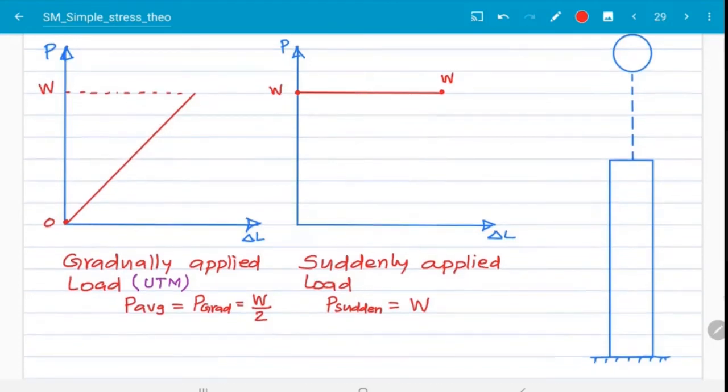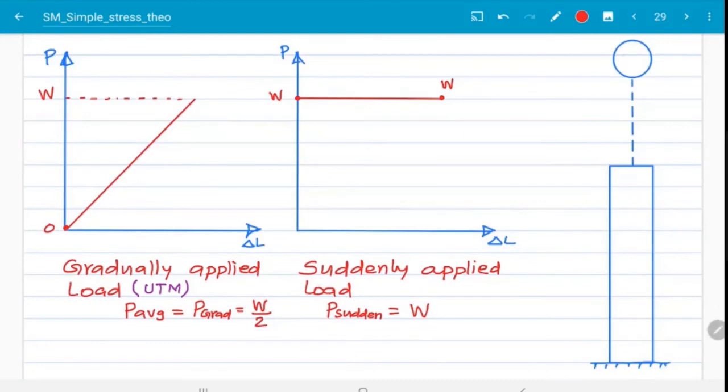Then third case, impact case. Same 100 Newton, right? W is equal to 100 Newton only, but it is dropped from a height of H. Now, when we are dropping from a height of H, what is the effect of load?